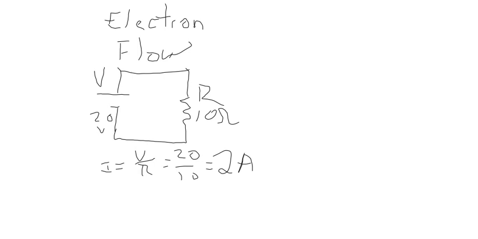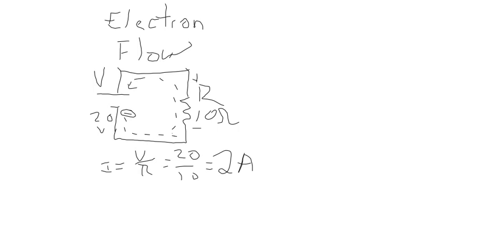Now, that applies no matter which direction I assume the current flows. In electron flow, we say that a negatively charged particle comes out of the negative side of the battery, into the negative side of the resistor voltage, and back to the positive side of the battery.